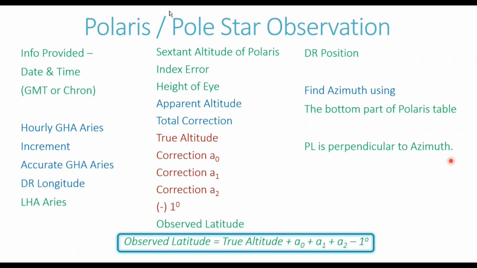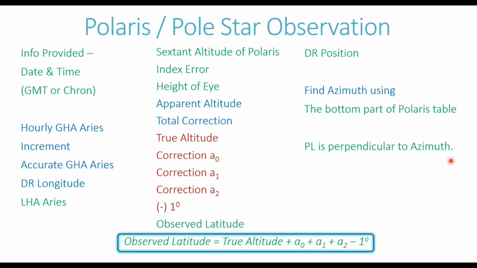Now, I told you to keep in mind that there are two LHA Aries values, two columns, where the azimuth of the pole star is exactly 000.0. Why is that important? If the azimuth is exactly 000.0, the PL is going to be perpendicular to it. The PL will be running in the east-west direction. If the azimuth is exactly north, the PL would be exactly east and west.